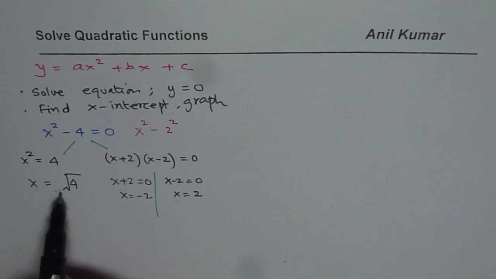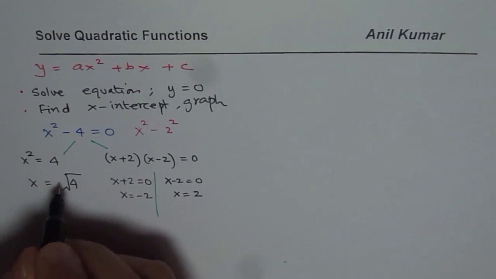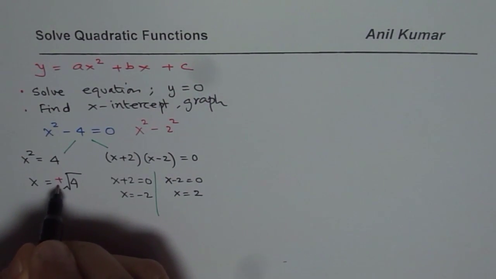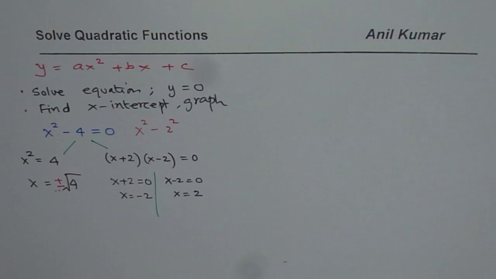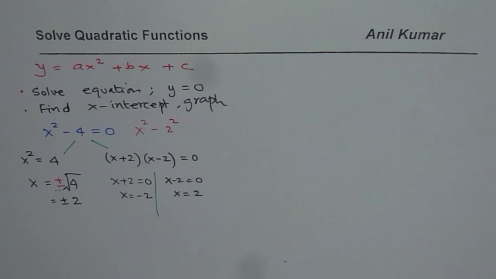If I write x equals square root 4 here, you understand now what the mistake is. So whenever you're working with quadratic equations, remember, whenever you take a square root, write plus and minus. It is very, very important, right? Once you do that, you of course get the same answer as expected. You should get plus and minus 2 as your answer.